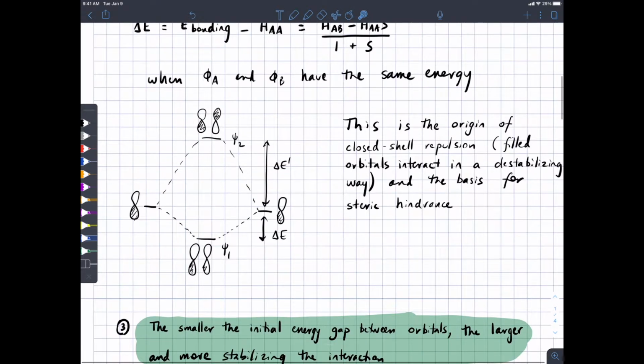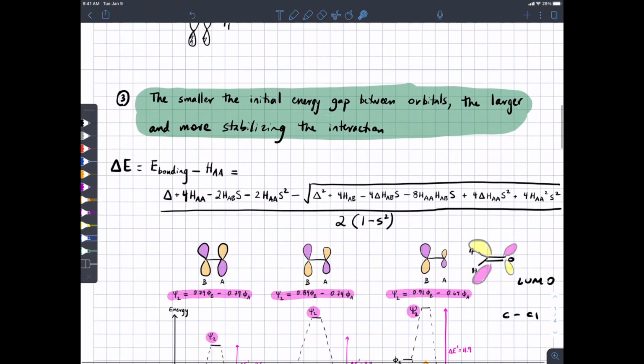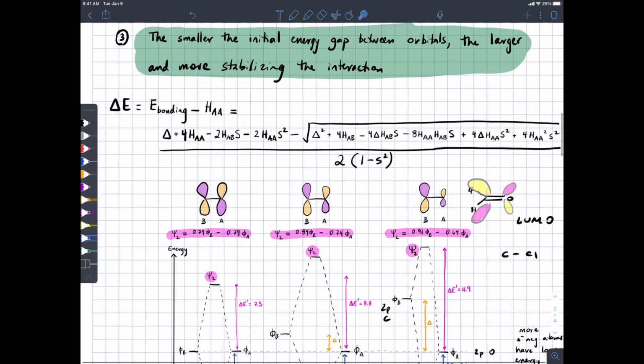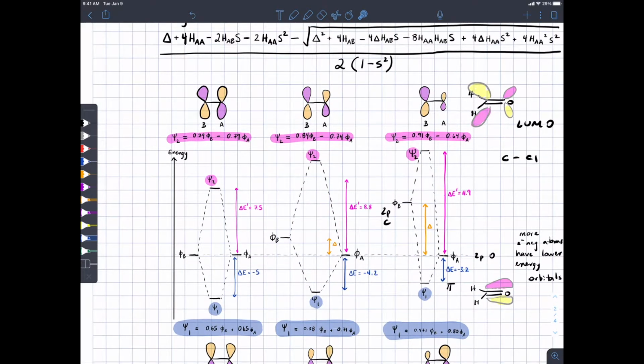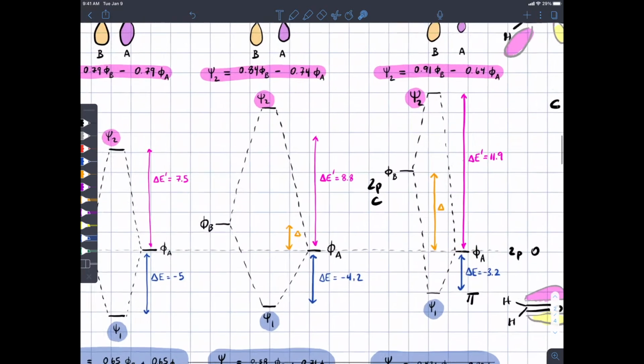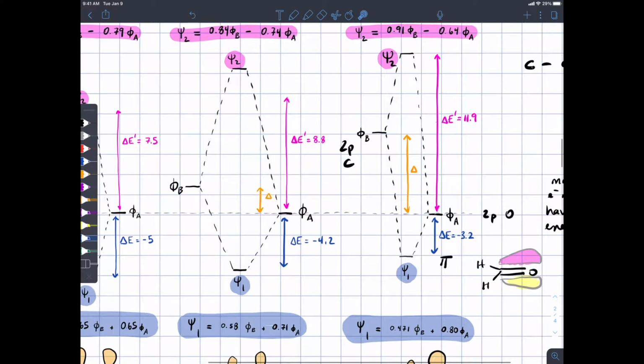and other effects. We talked about how if you bring two orbitals together and they're not at the same energy, and there was a ton of math involved in this, that the bigger the gap between the two orbitals, the less the bonding orbital is stabilized and the more the antibonding orbital is destabilized.